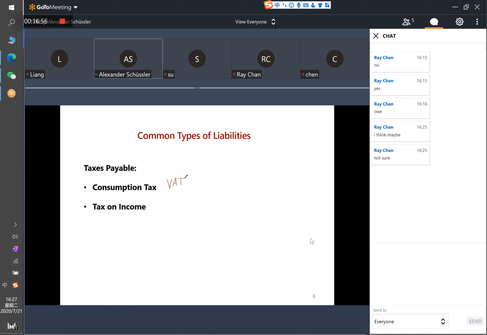And then you have income tax, for corporations, income tax for individuals. Income tax for corporations is called the corporate tax. All these taxes, sometimes they are not paid immediately, and until they are paid, they sit on the balance sheet as a liability, which is called taxes payable.